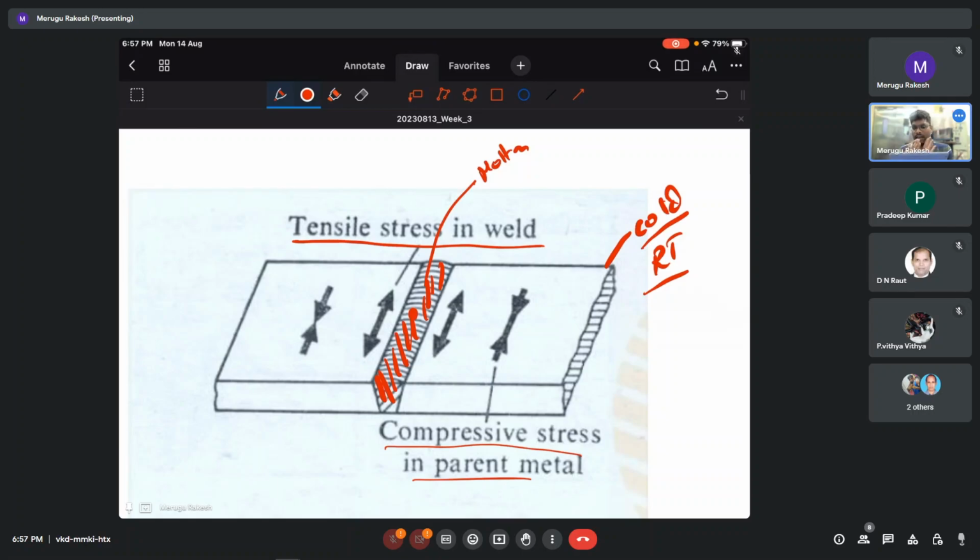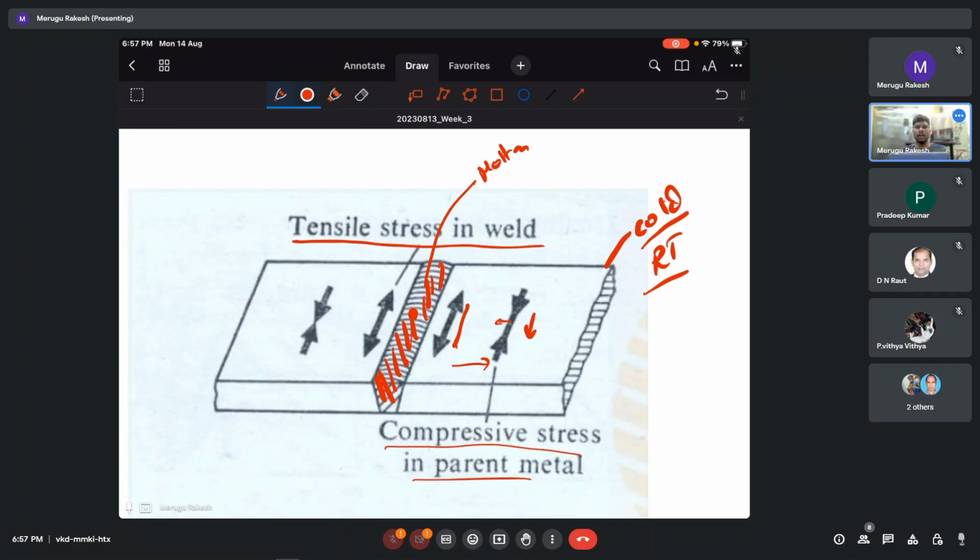When it tries to contract, the whole region is getting expanded. That's why we are getting these tensile stresses in the weld. And then a little far away, due to these tensile forces, there will be compressive forces induced in the parent metal as well. This is the counter effect, I can say, so that the component is stable. This is how the residual stresses form.